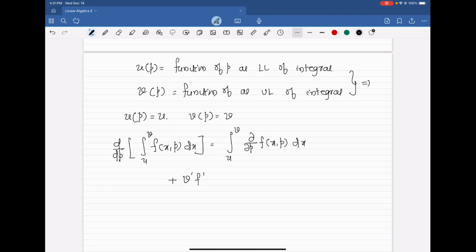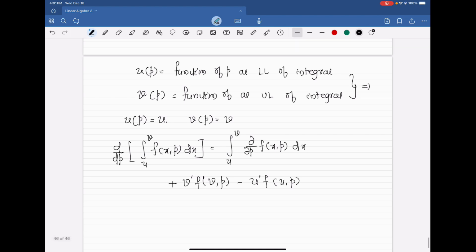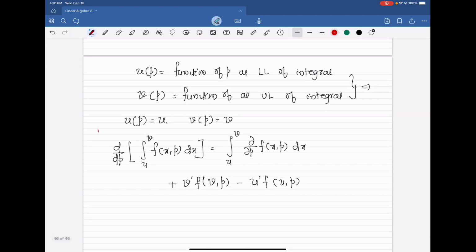Function f(V,p), minus U dash into function f(U,p). You kindly remember this formula. This is the Leibniz rule.